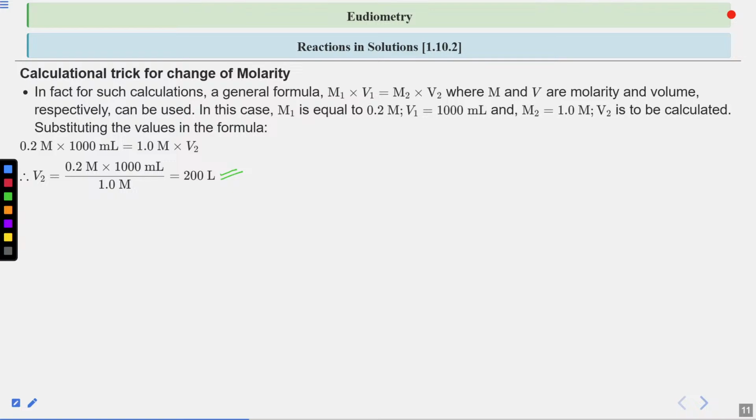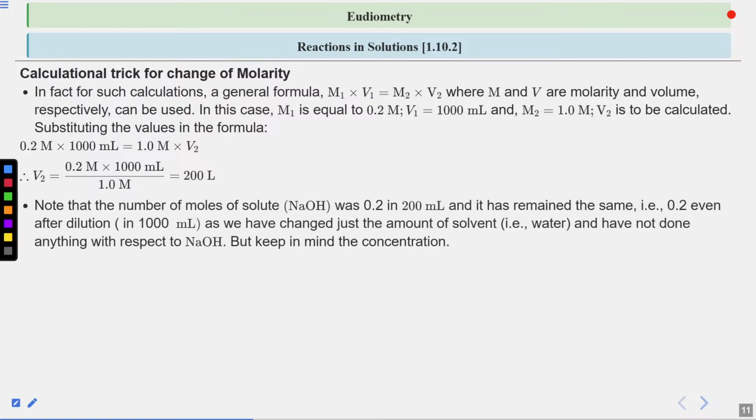When we do questions on it, I think you will be able to understand it more clearly. So just go and listen to the lecture one more time on the website. If you are still facing difficulty, you can come back with the same. Now remember that the moles of NaOH was 0.2 in 200 ml and it remained 0.2 even after dilution. Therefore, we have just changed the amount of the solvent and we have done nothing with the NaOH.